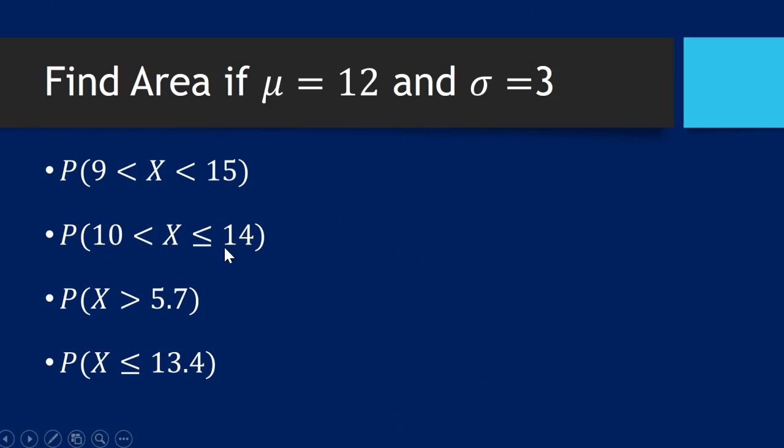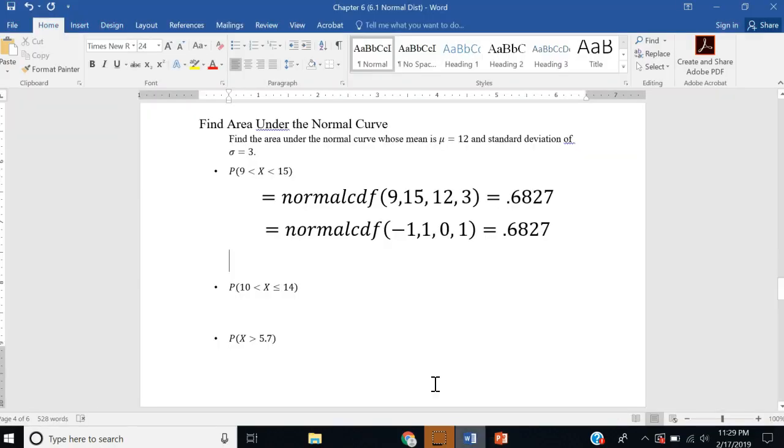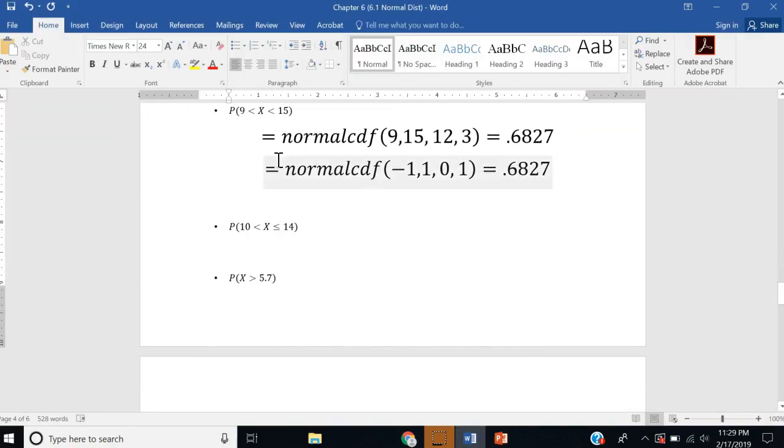between 10 and 14. All right, hopefully you went ahead and did that. Don't forget, lower bound, upper bound, mean, and standard deviation are my inputs. So let's go to the guided notes here.